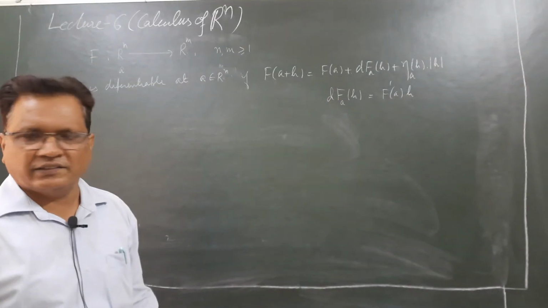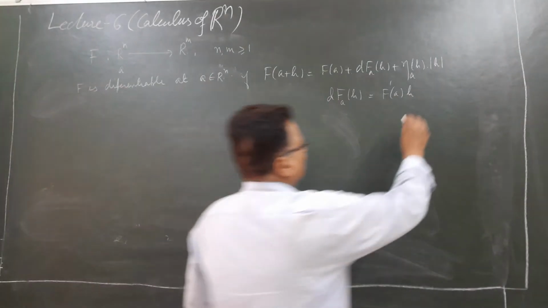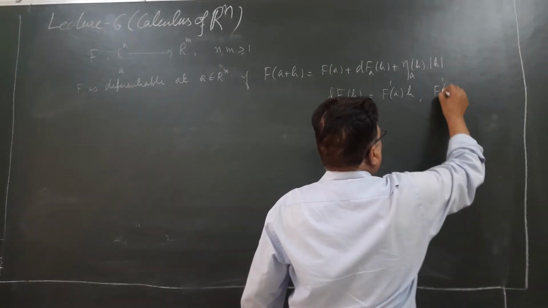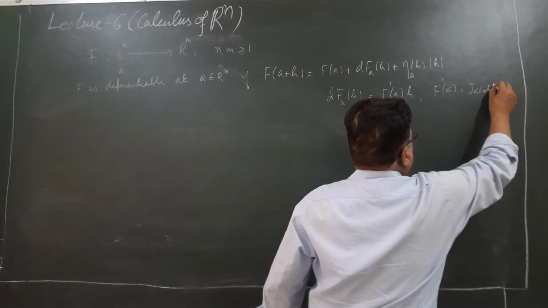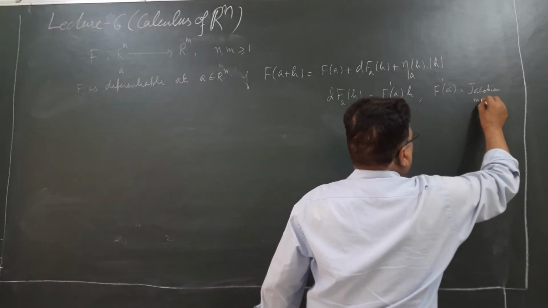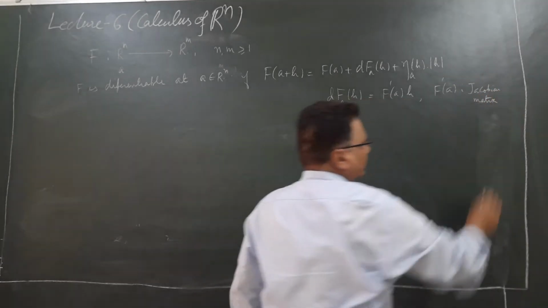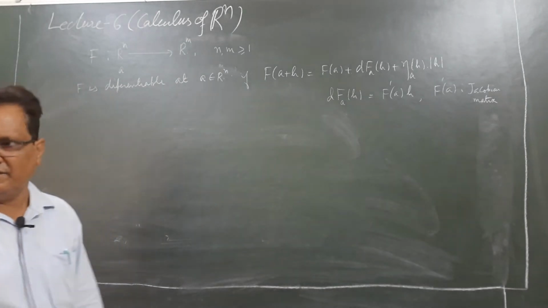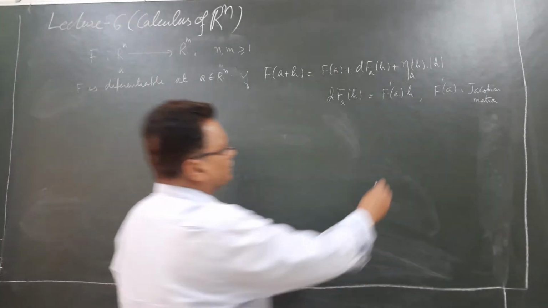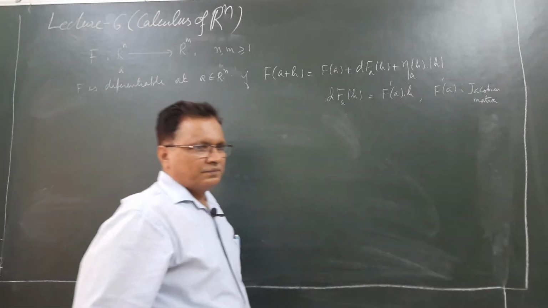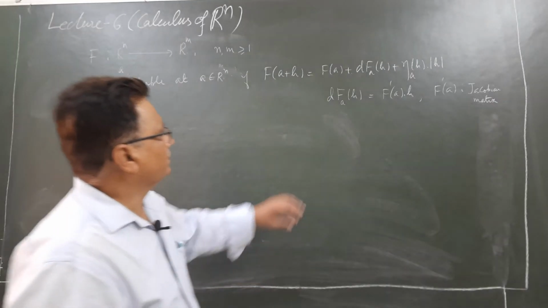F'(A) is the Jacobian matrix, means a matrix which consists of the partial derivatives of capital F. df_A(h) is a linear function. What can we say?